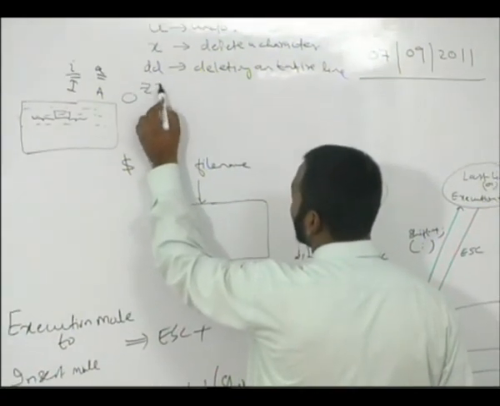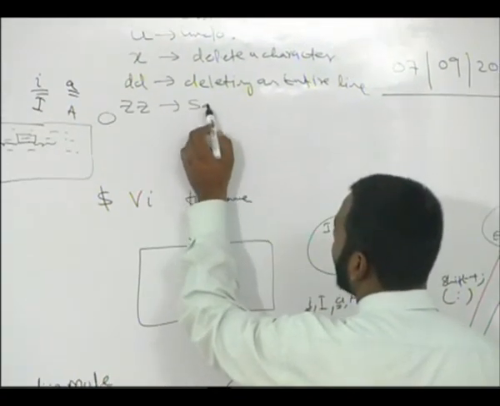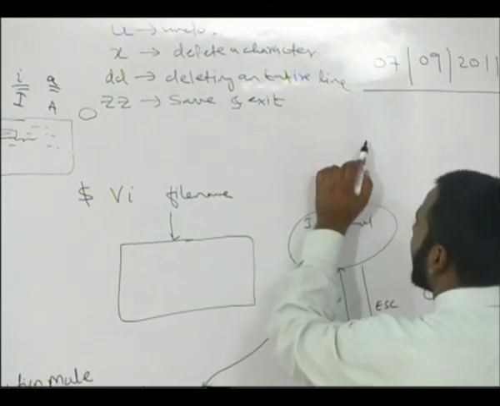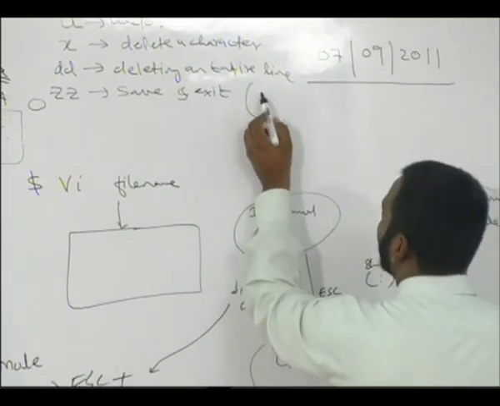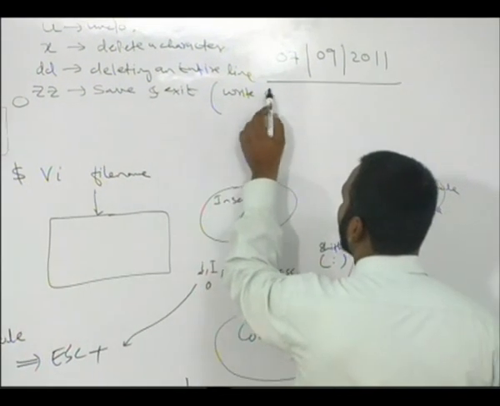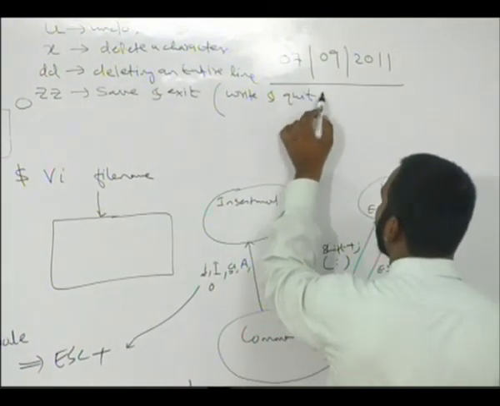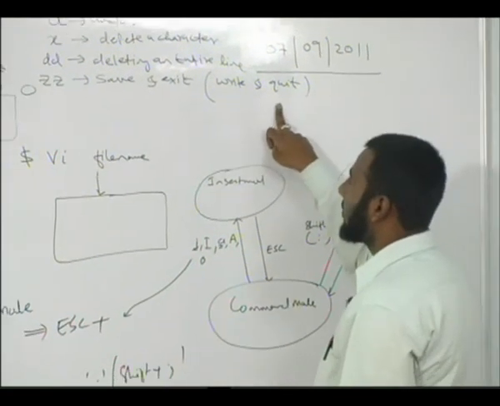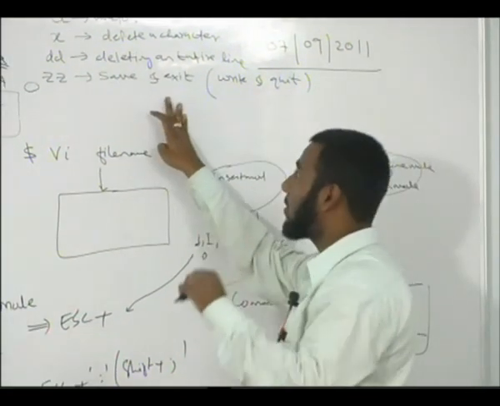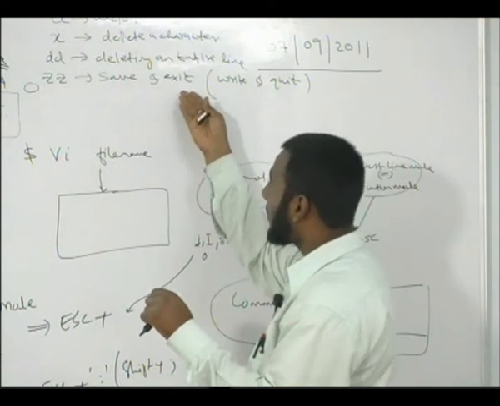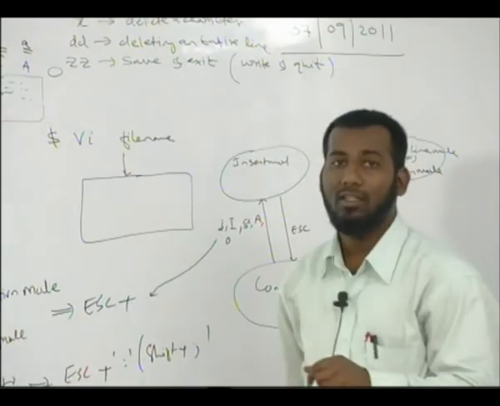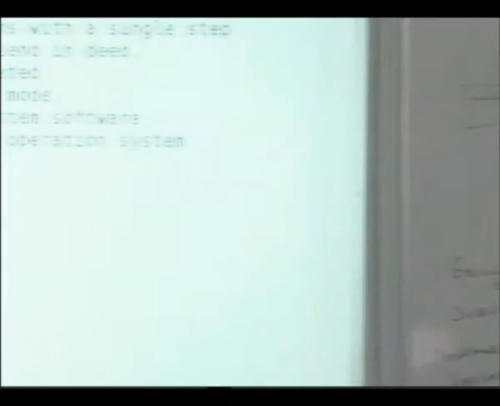ZZ is actually used for save and exit, or you can say write and quit. In the terminology of VI editor we say write and quit. In Windows generally we have an option in the menu, save and exit. The same operation which is done by save and exit is done by ZZ. These are in lower case.